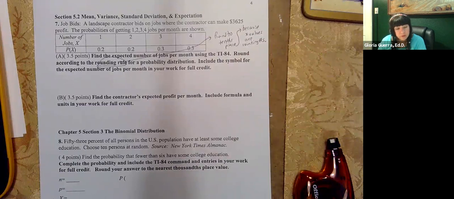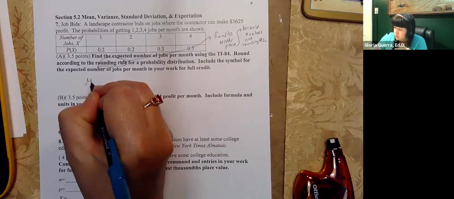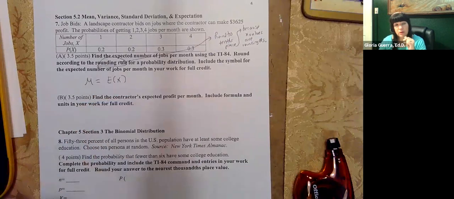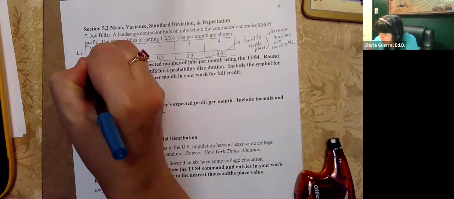Include the symbol for the expected number of jobs per month in your work for full credit. Okay, so this is mu, which is equal to E of x. Remember we talked about that being the expectation, and that's basically the mean. So just like we did earlier in the other problem, we're going to put these in L1 and L2.